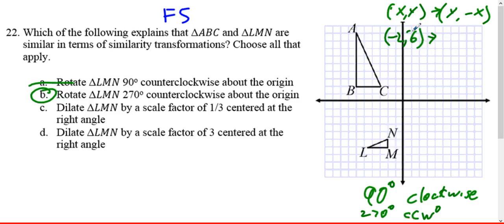That's going to go to the point (-6, 2). So that maps M perfectly onto point B. That would map N right there and L 1, 2, 3 units up. Maybe 2.5 units up, it's hard to tell.